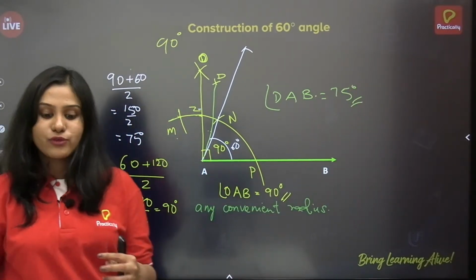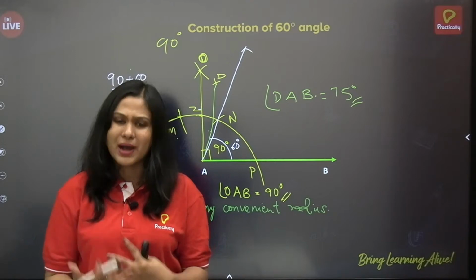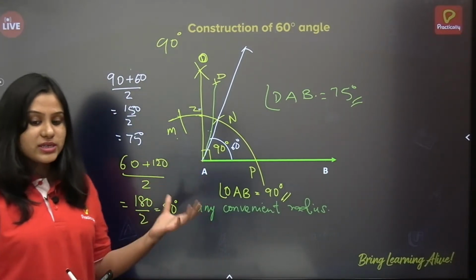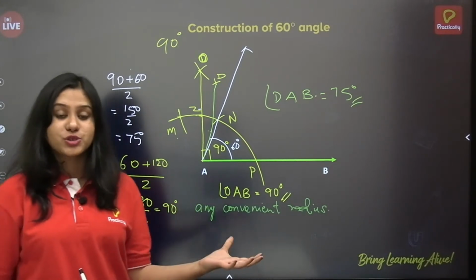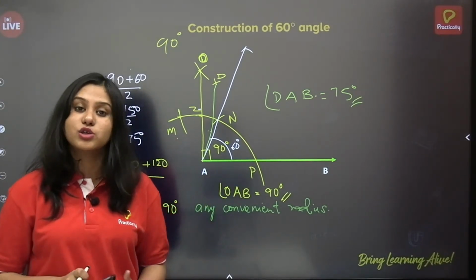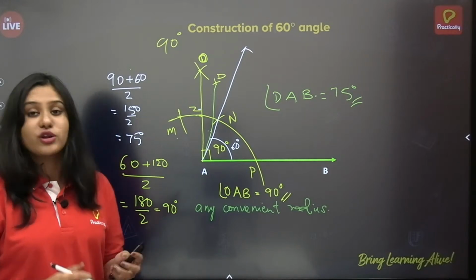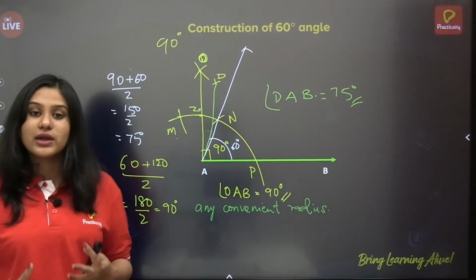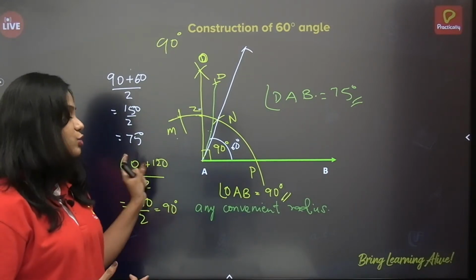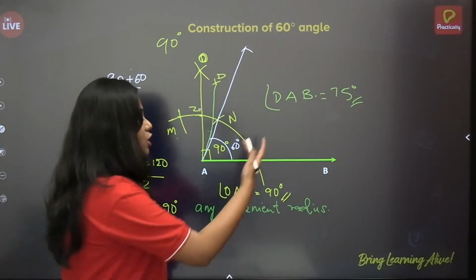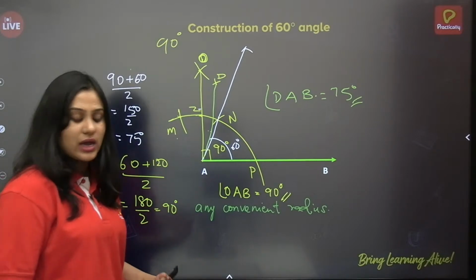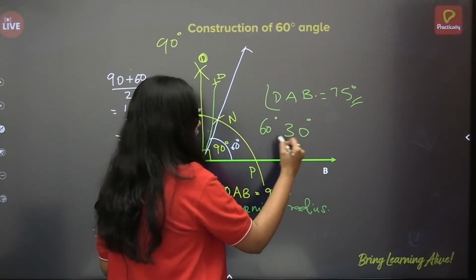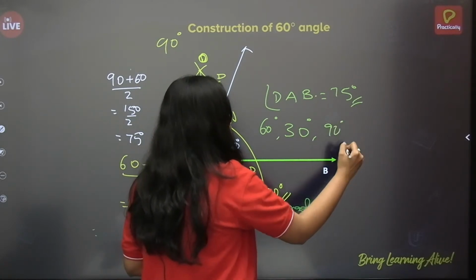Now, you know 75. Can you construct the bisector of 75? Of course, I can do. So, this is how you construct different angles without the use of protractor. You have to use ruler and compass, of course, to construct a few angles. So, what all angles did we learn now? 30 degrees we have seen, 60 degrees, 90 degrees, 120 degrees.